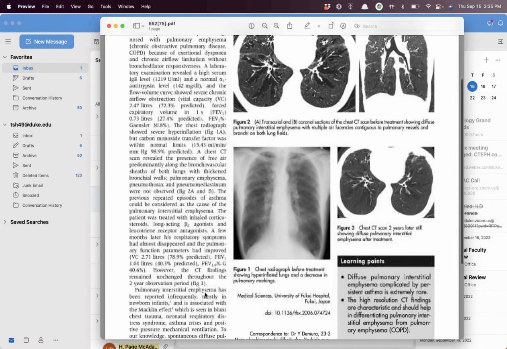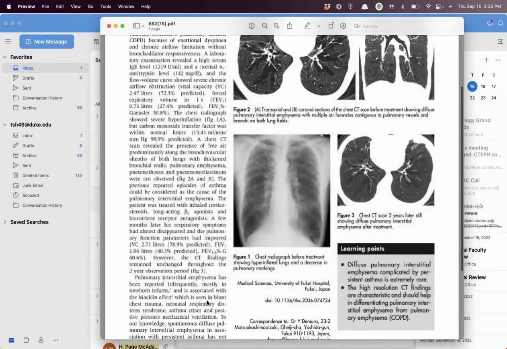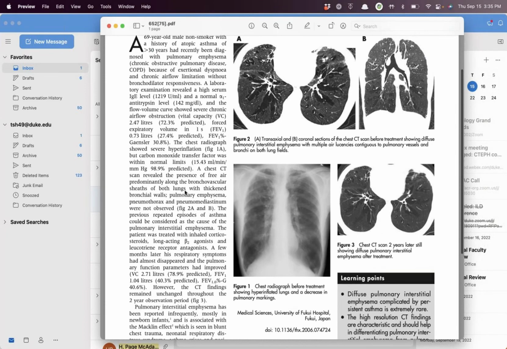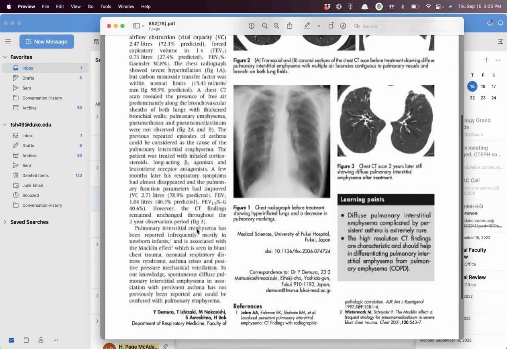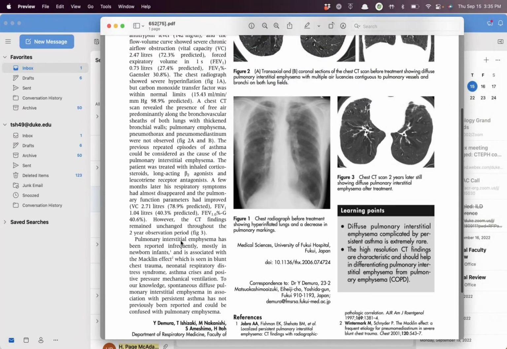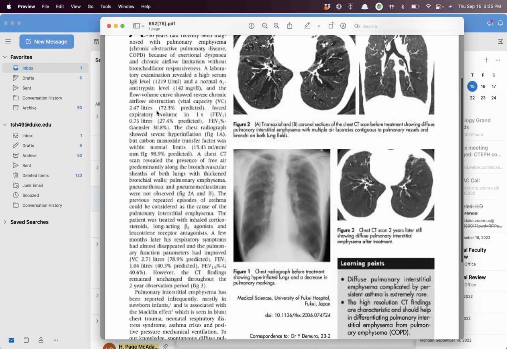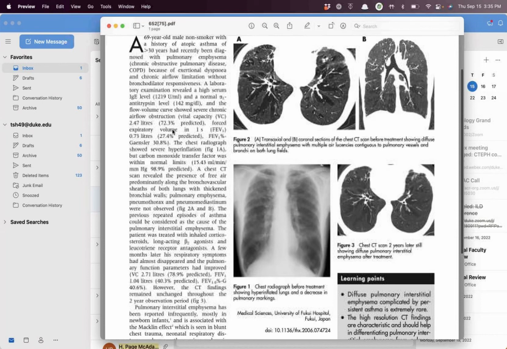Exactly like the case. Yeah. Did they do alpha-1 testing on this person? I looked at this yesterday. I didn't see any mention. It's just this very brief report. I just wish they had some sort of more detail or path on this. I mean, I don't buy this idea of persistent interstitial emphysema. That just doesn't make sense.